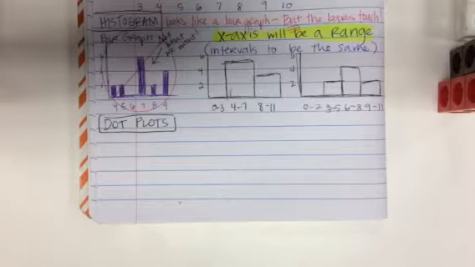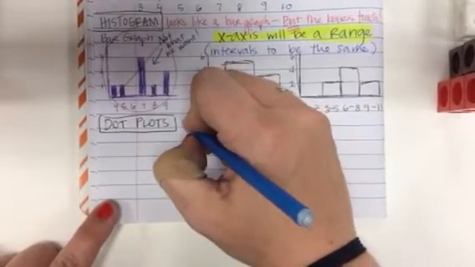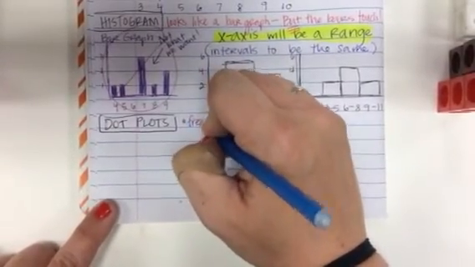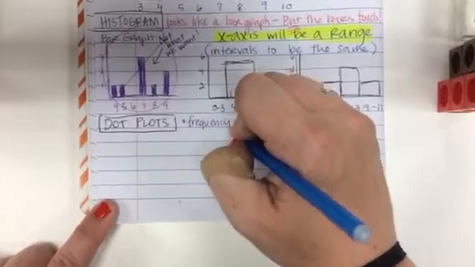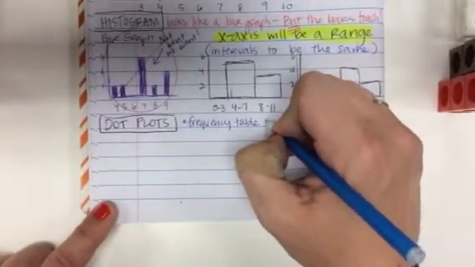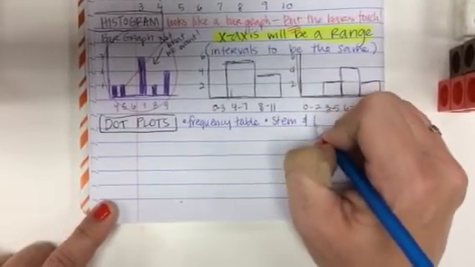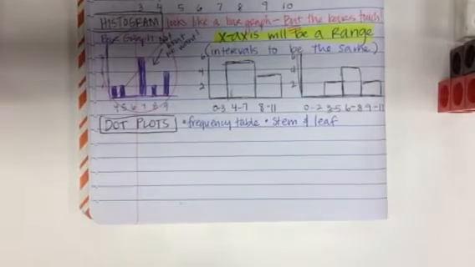In dot plots, you've already done dot plots in your life. Many of you already know them by the name of frequency tables. Or even, I consider dot plots to be stem and leaves. That's a type of dot plot to me. It shows individual pieces of data in units.